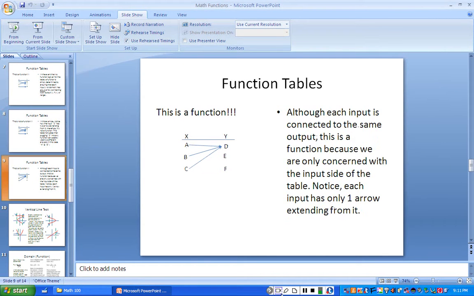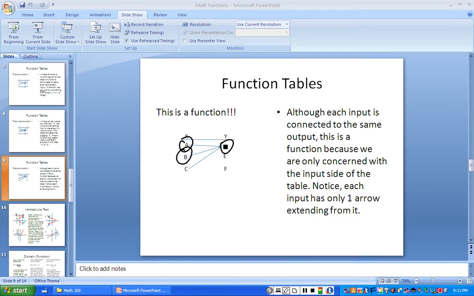Okay, here's one that tends to trip people up. Again, looking at a table, trying to figure out if it represents a function or not. We're not given any particular function. All we're being asked to do is evaluate each input and see if each input has one unique answer. So when I look at A, does A have one answer or more than one answer? Well, A has one answer, which is D. When I look at B, does B have one answer or more than one answer?